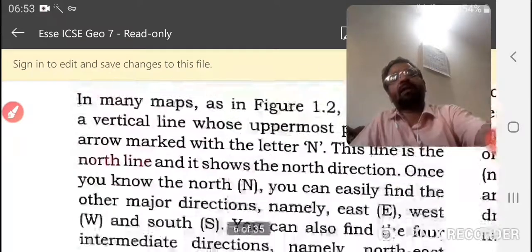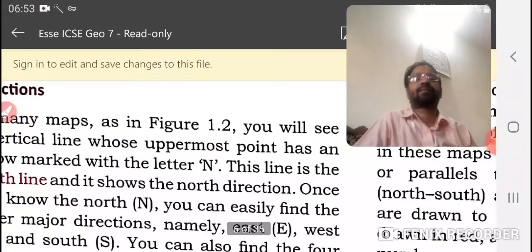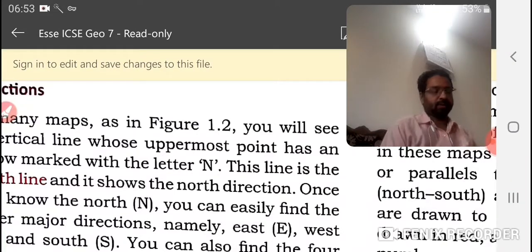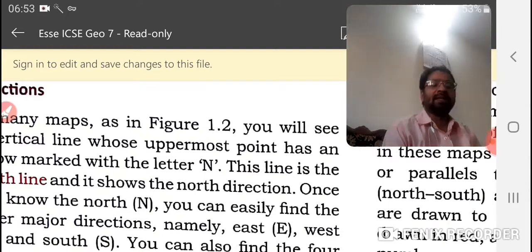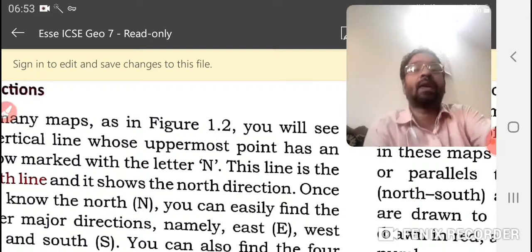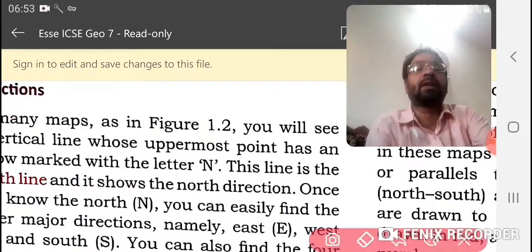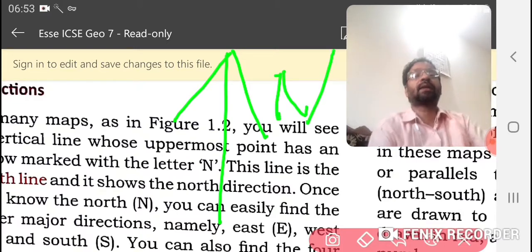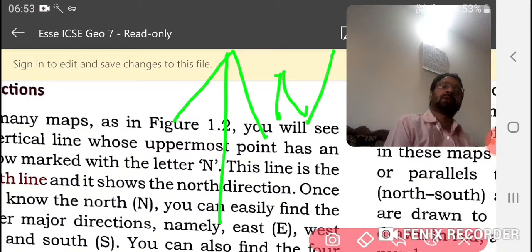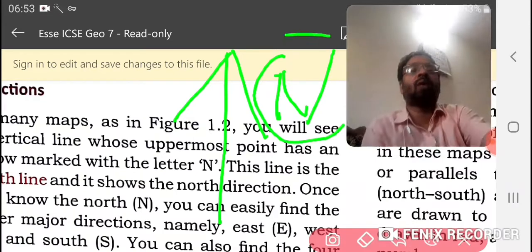Now let us see the direction. In many maps you will see a vertical line whose uppermost part has an arrow like this. One vertical line you will see. On top we can see one arrow. Near the arrow it is written N. That N indicates north.